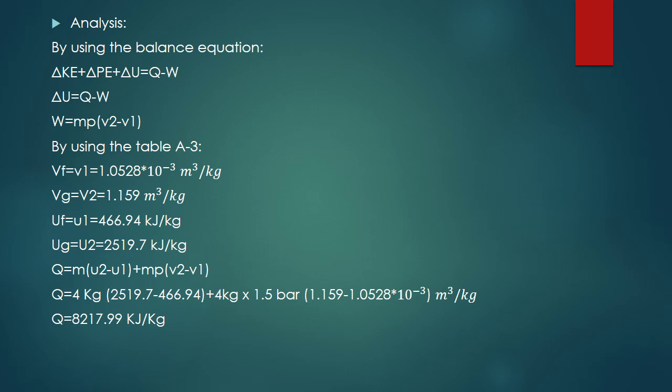So for saturated liquid, V1 equals 1.528 times 10 to the negative 3 cubic meters per kilogram, and for the saturated vapor, V2 equals 1.59 cubic meters per kilogram. For the enthalpy, for saturated liquid it equals 466.94 kilojoules per kilogram, and for the saturated vapor, U2 equals 2519.7 kilojoules per kilogram.